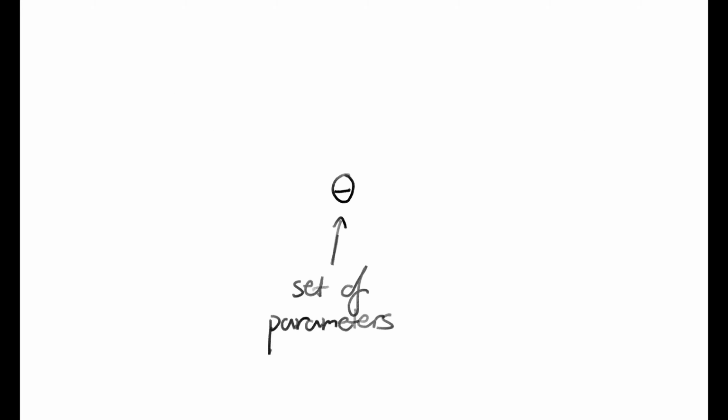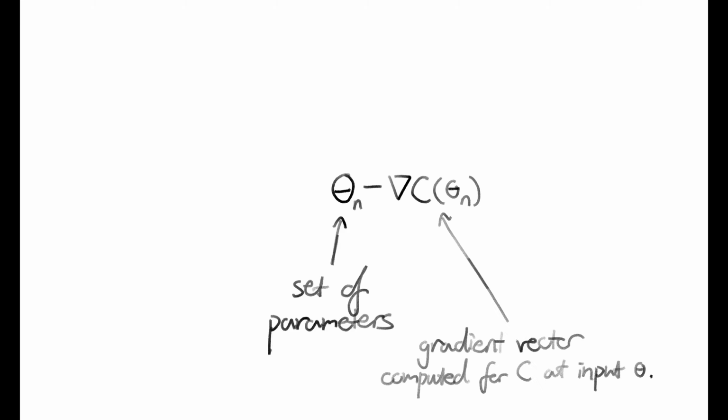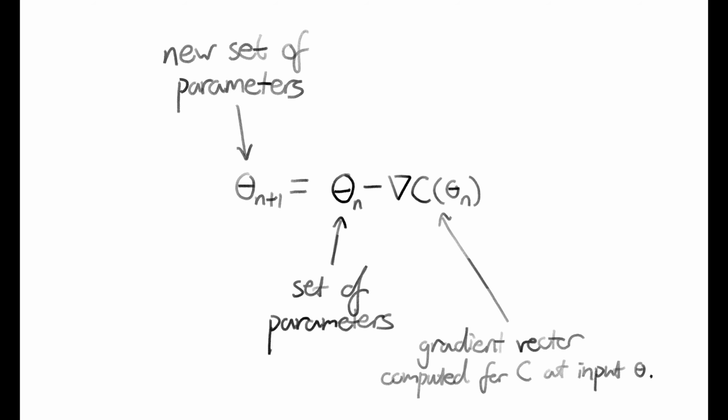We have our set of parameters in the network, whether they're weights, biases, or other variables, which we collectively call theta. Then, by subtracting the gradient vector, nabla C, from each one of our variables respectively, which we calculate at the current point on our loss function, we get a new set of parameters.